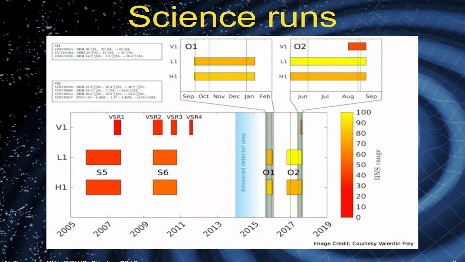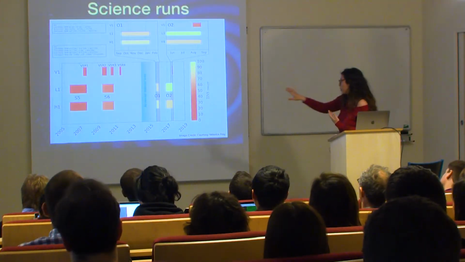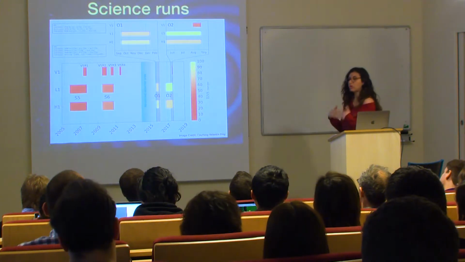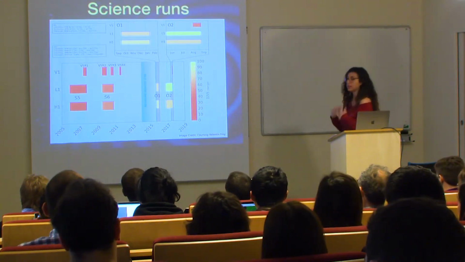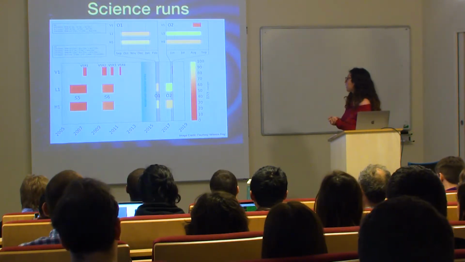And this chart shows the past, what we have done until now, and the colors show the BNS range, so the range that the detectors are able to see. And if you see that they go from red to yellowish, it's because in these years the detector sensitivities have improved, and this allowed us to make the detections.